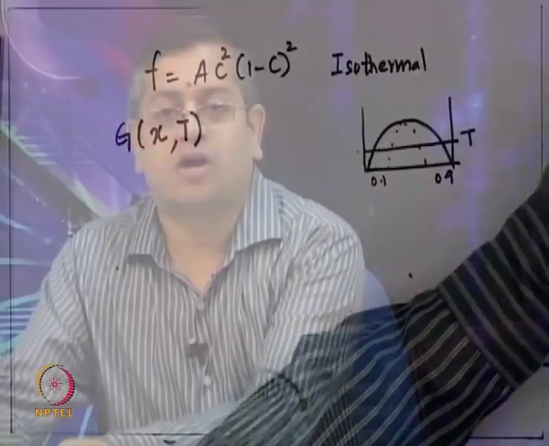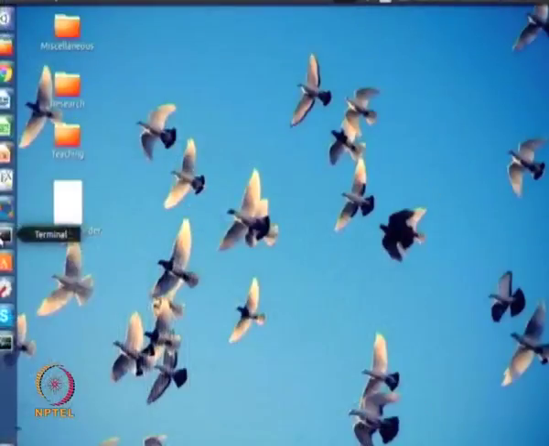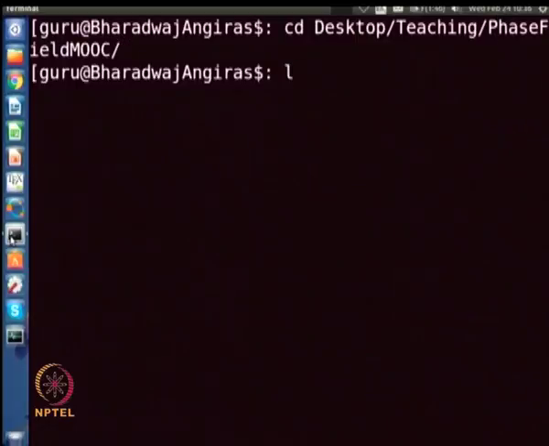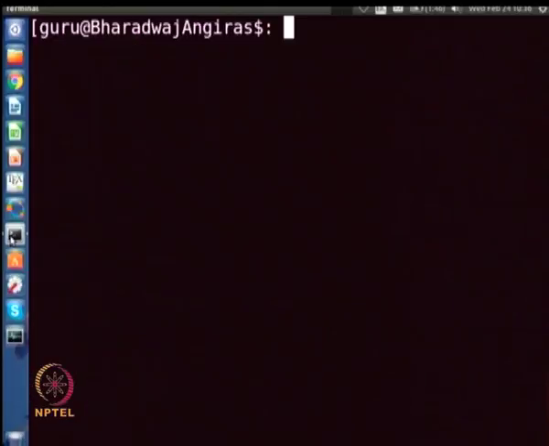Okay. So, let us take a look at this function. I am going to first plot this function, so I am going to use the computer. As usual we open a terminal and I go to the directory in which I have the files. This is always important.